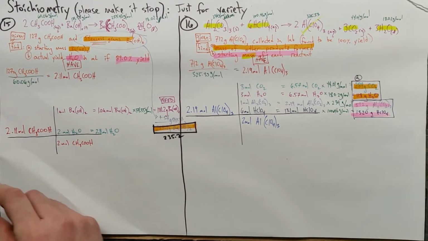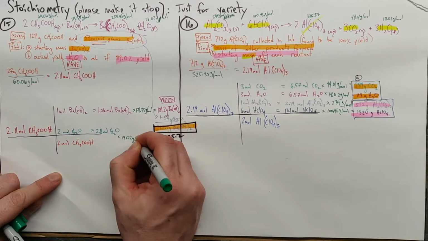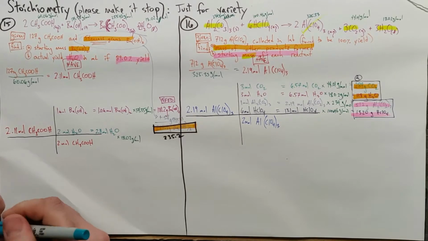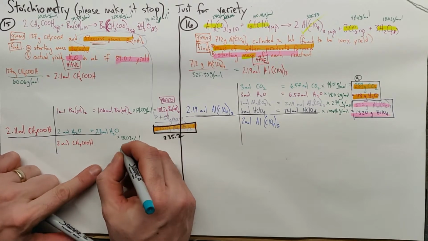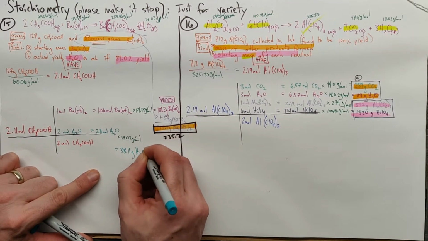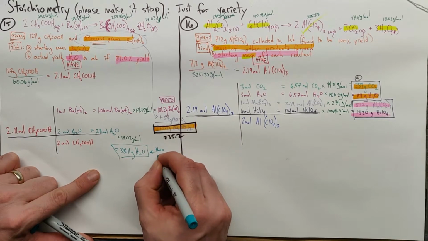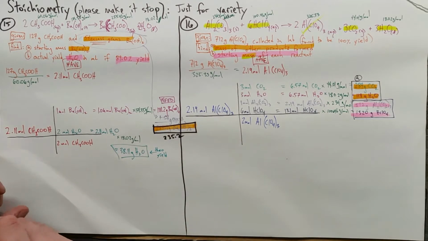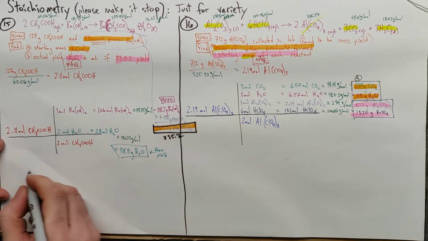We're going to multiply by the molar mass, which will give us, in this particular case, 38.11 grams of water. Now this isn't the answer to anything, but that's a theoretical yield. And we can turn that theoretical yield into an actual yield using the percent yield equation. And our color scheme has gone straight out the window, but I'll see what I can do.